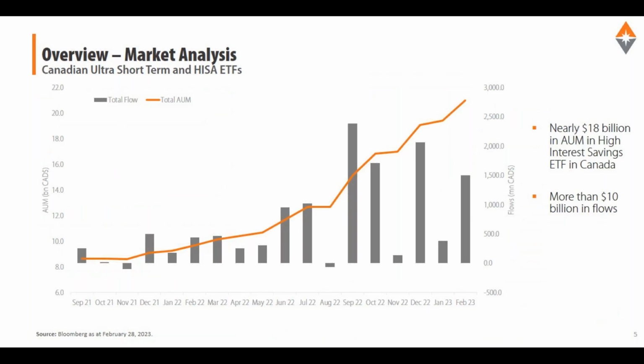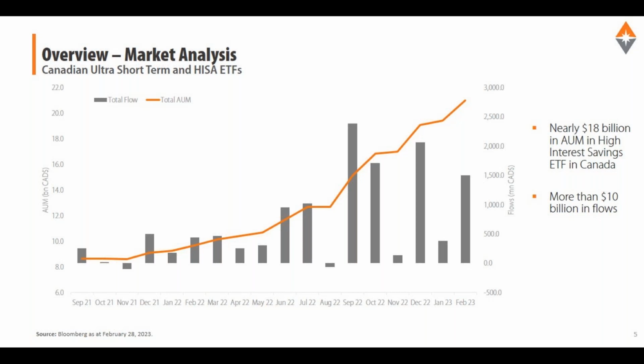And the first thing that we want to highlight, just to your point, is how large the inflows have been into this product lineup. What we've seen has been, frankly, in many ways, unprecedented, both in Canada and actually increasingly in the US too. So these ETFs, they started relatively recently, and really they've grown at a very fast pace, well over $10 billion in Canada in the last year in the HISA ETFs, and actually similar numbers even higher in the US.